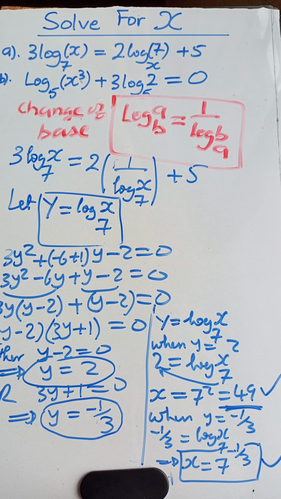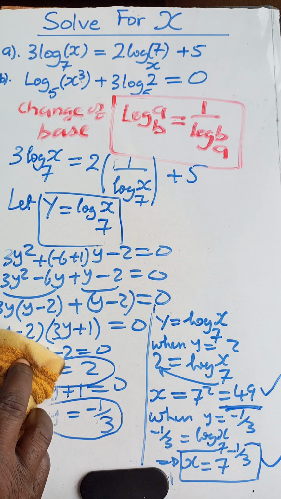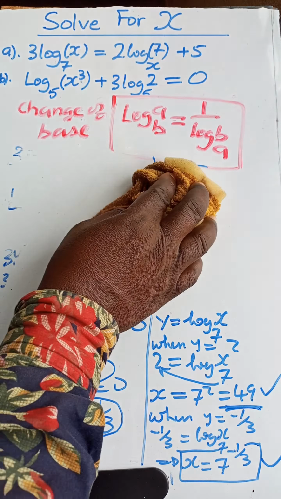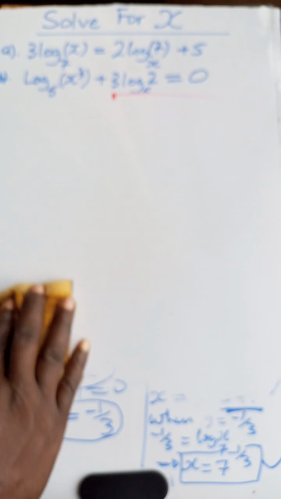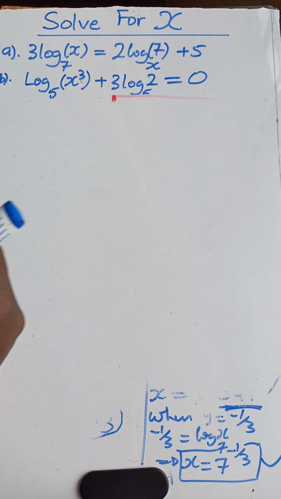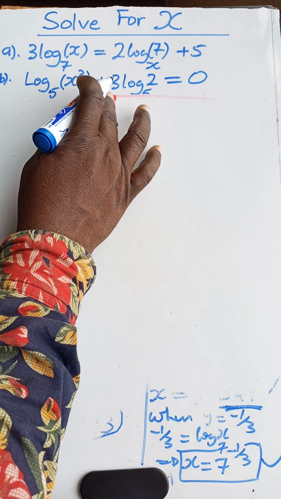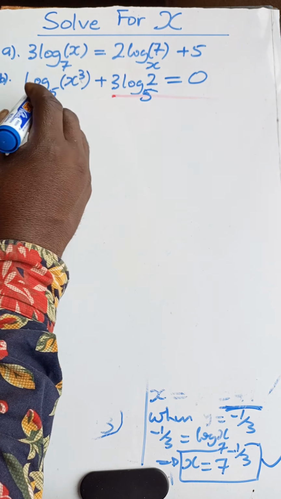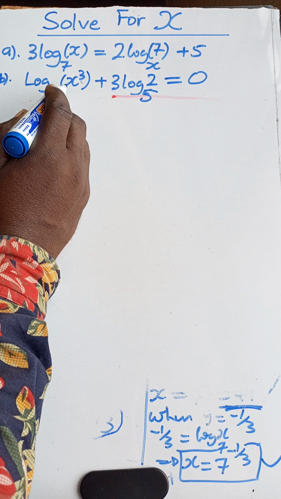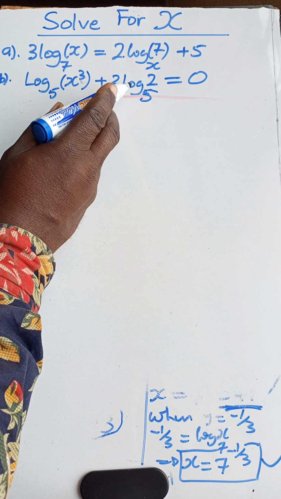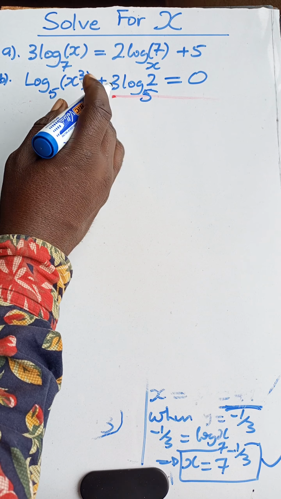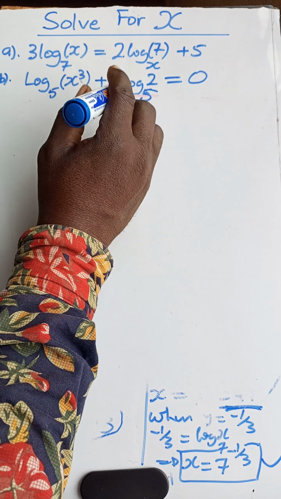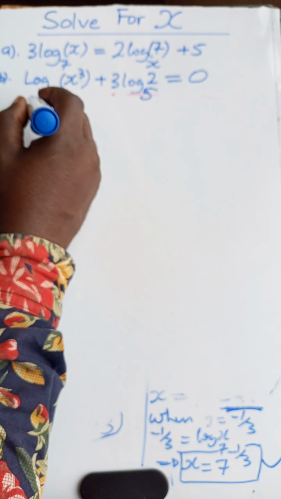Now let us look at the second equation. The second equation says log base 5 of x cubed plus 3 log 2 base 5 is equal to 0. Let us first of all write everything in simple form.